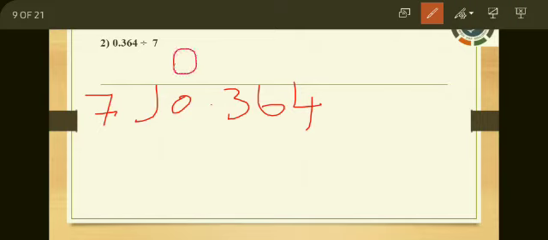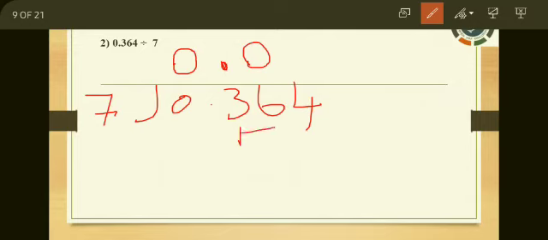Before taking the decimal part, keep the decimal point in the quotient. Next consider the decimal part number, which is 3. 3 is not possible by 7, so the quotient digit is 0.